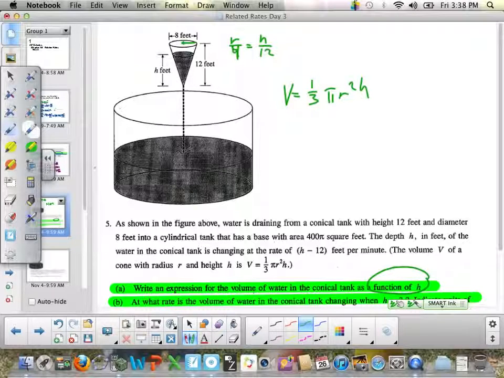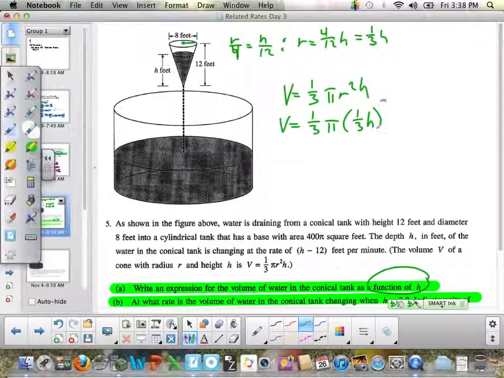Multiply both sides by 4. That leads us to say that r equals 4 over 12 h, which can reduce to 1/3 h. So r is 1/3 h. If we plug that in, volume equals 1/3 pi times (1/3 h) squared times h.